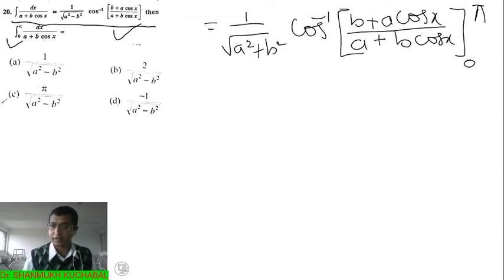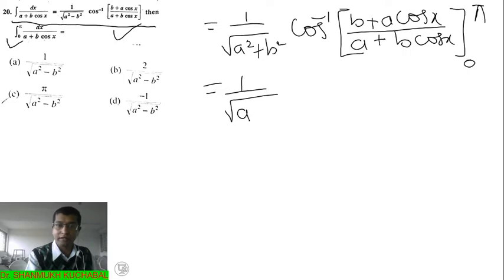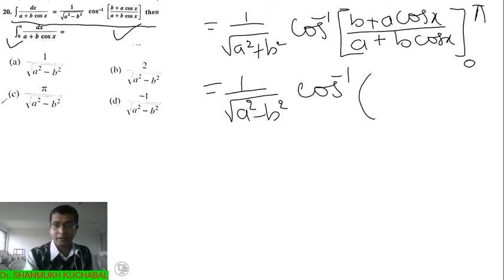Further, the value of x we will replace by upper limit minus lower limit. So we get this as under the square root of a square minus b square, cos inverse of b minus a divided by a minus b. Here after simplifying we get it.